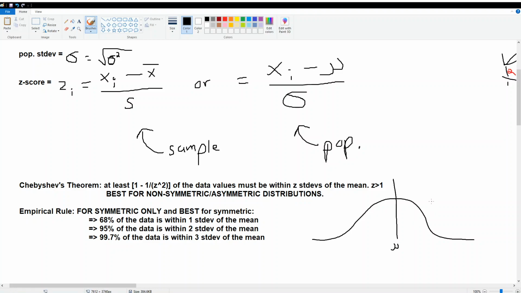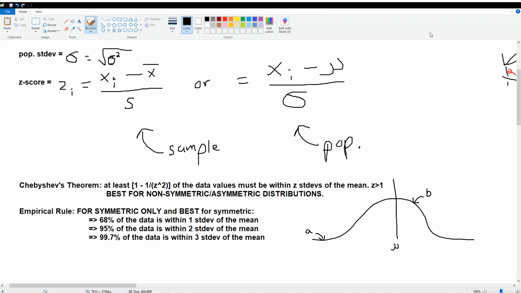Let's suppose we have 2 data points. We have A, and then we have B. It is reasonable to tell, just from looking at this, that B is not as far away from the mean as A is. However, a question might be, how far away is too far?